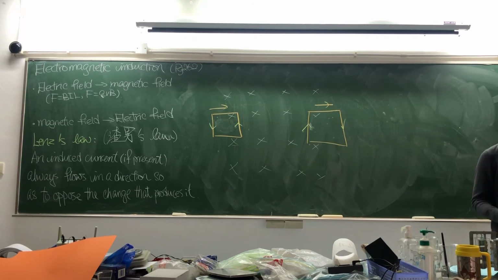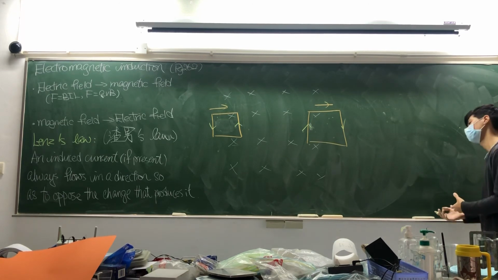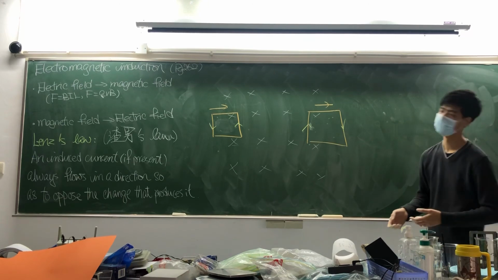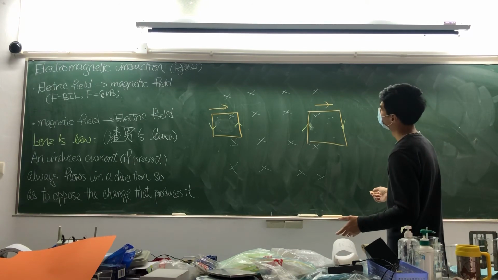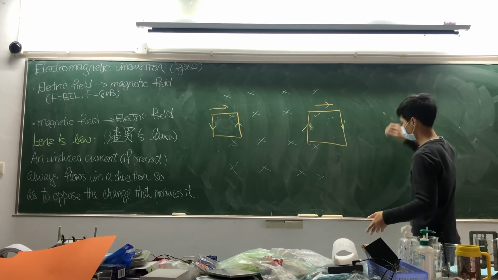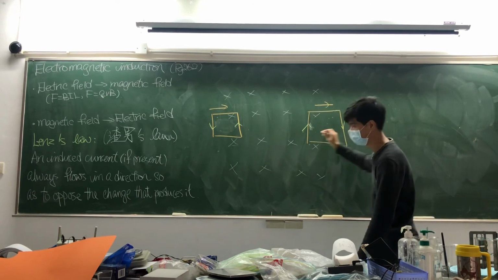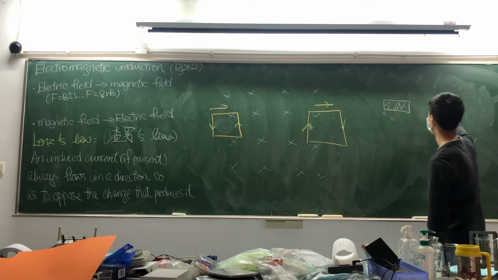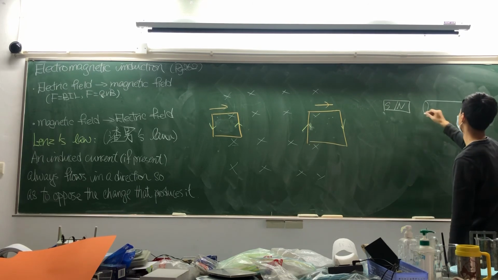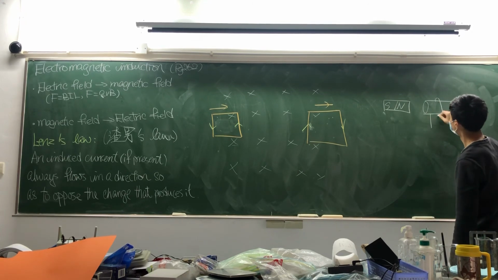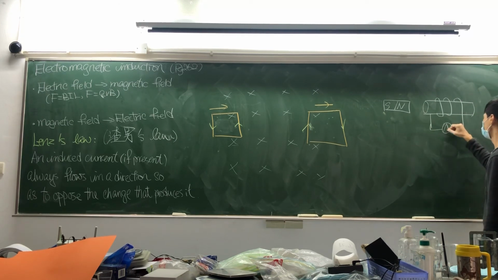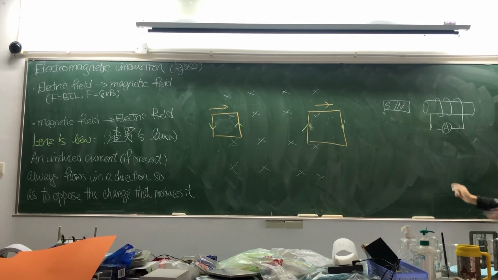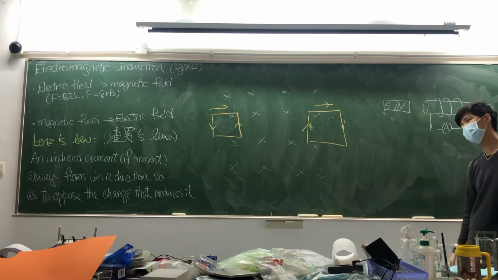It depends on which method you are more familiar with. But if you want to use Fleming's right-hand rule for this kind of question, it is very difficult to explain. So I would suggest you use Lenz's law whenever you see this kind of motion or question.